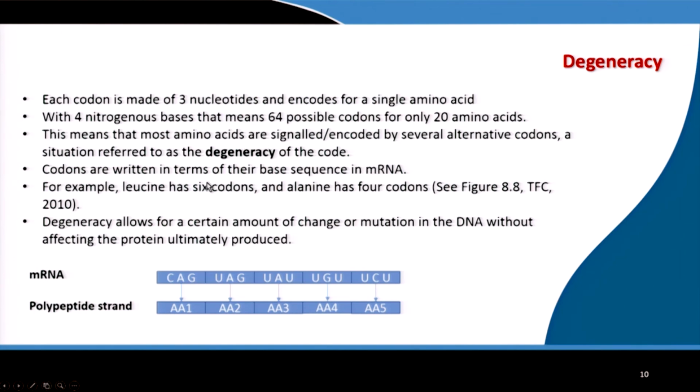These codons are written, like I said, in their base sequence in the mRNA, just like it's shown over here, and each set of 3 codes for an amino acid. Now because we have 20 amino acids and 64 possible codons, we have several codons translating for the same amino acid.